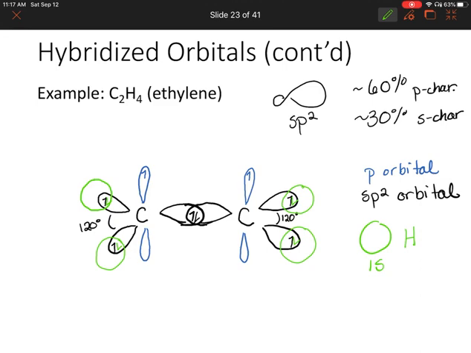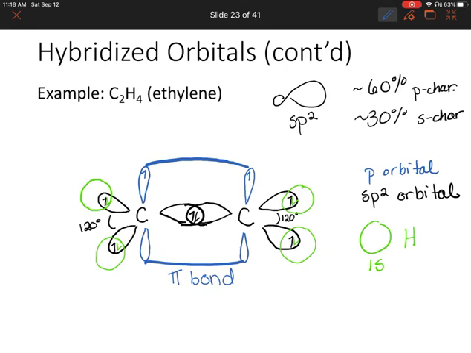What are those going to do? Well, they are side by side, and they each have an unpaired electron. So we're going to form a pi bond. And actually, the p orbitals will overlap kind of above and below the carbons, and that is our double bond. So that's called a pi bond.